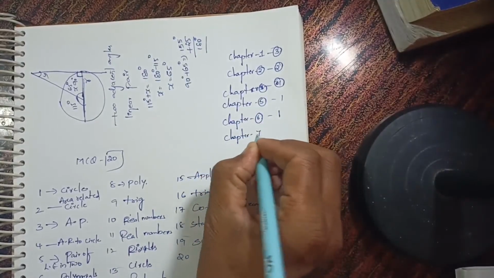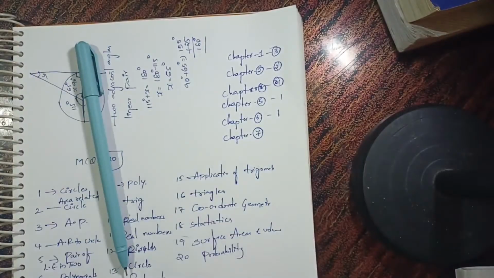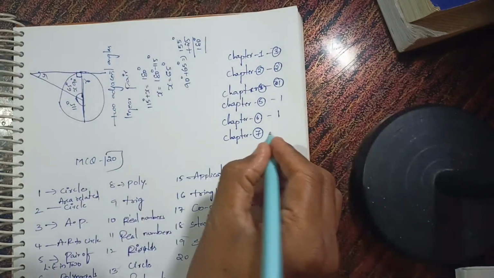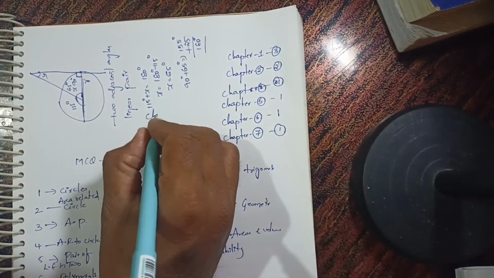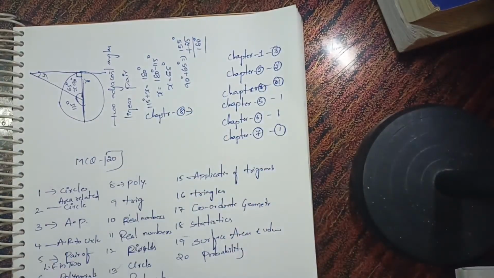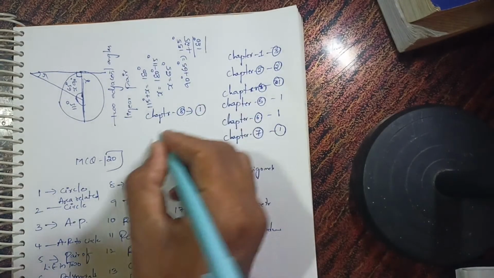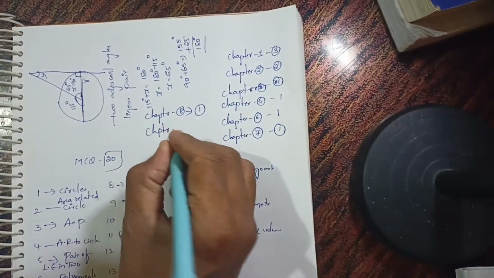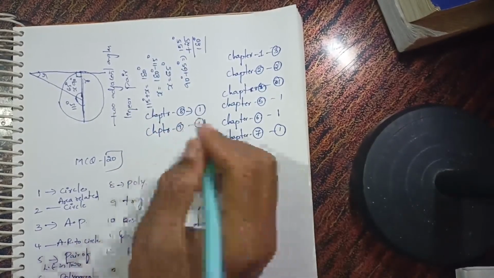Chapter 7, coordinate geometry, we got 1 question. Chapter 8 is trigonometry, we got 1 question. Chapter 9, applications of trigonometry, we got 1 question.